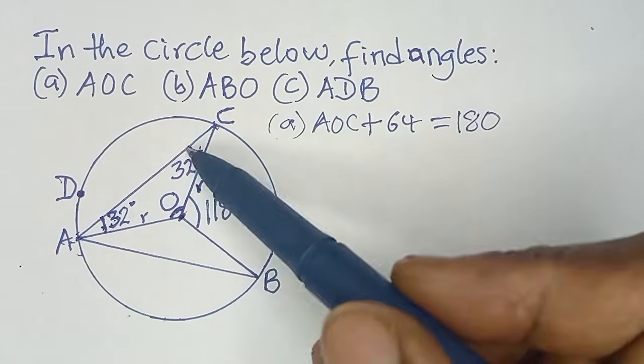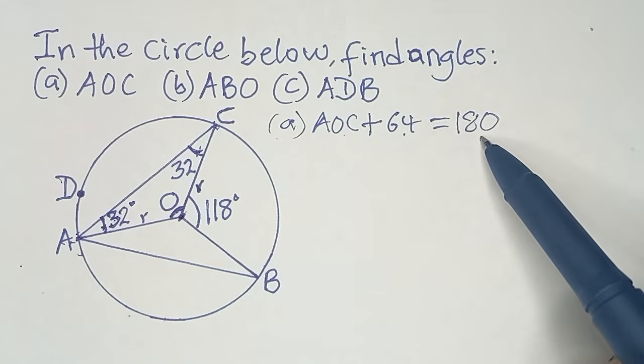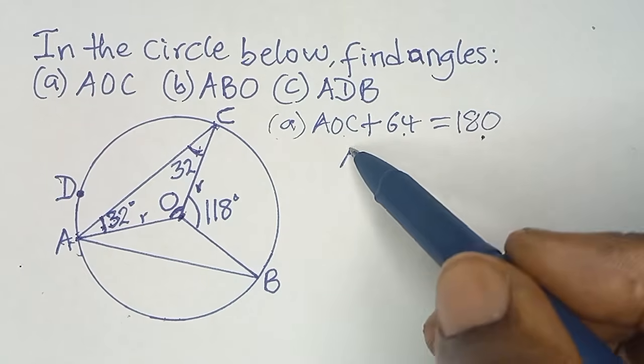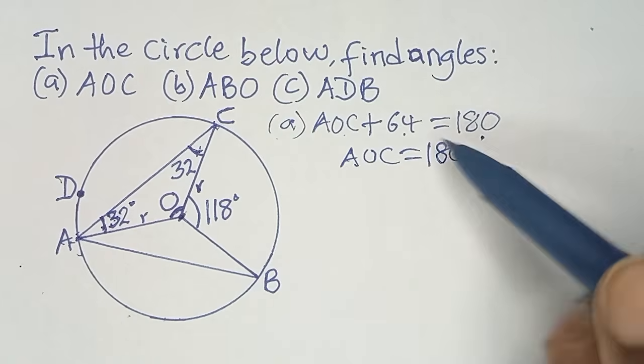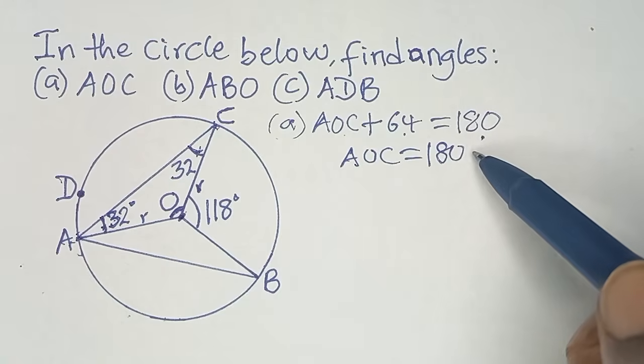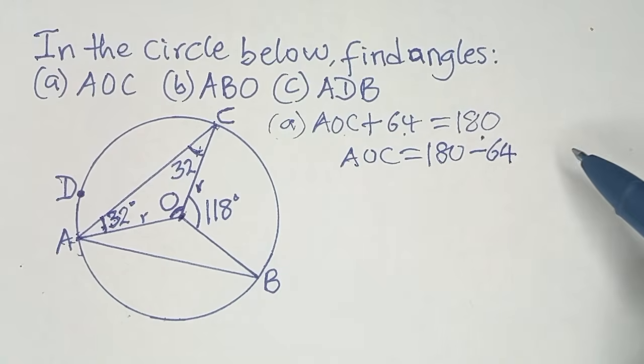So AOC is 180, and when this plus 64 comes to this side, it becomes minus 64. That gives us the value of AOC as 116 degrees.